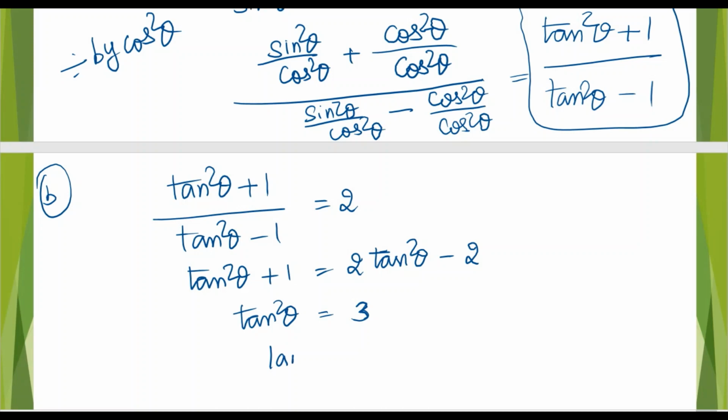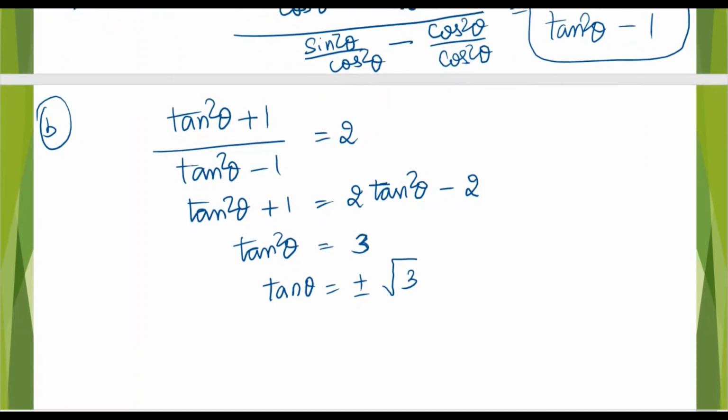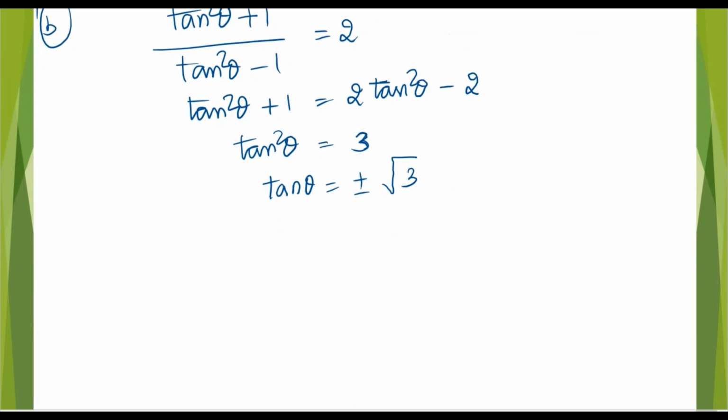So tan theta is equal to plus or minus square root of 3, and we have to find the theta value. So theta is equal to tan inverse of plus or minus square root of 3.